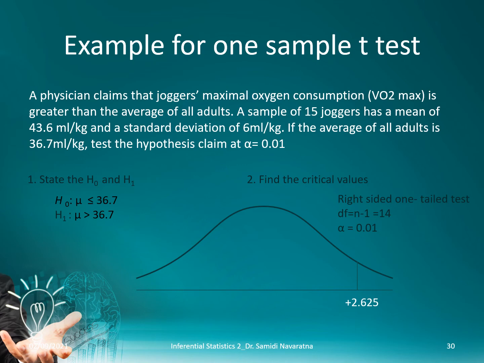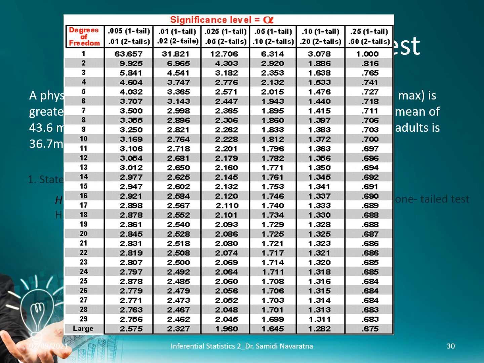Let's look at the table. So the degrees of freedom is 14. Degrees of freedom is 14 and alpha level for one-tail test is 0.01 here.